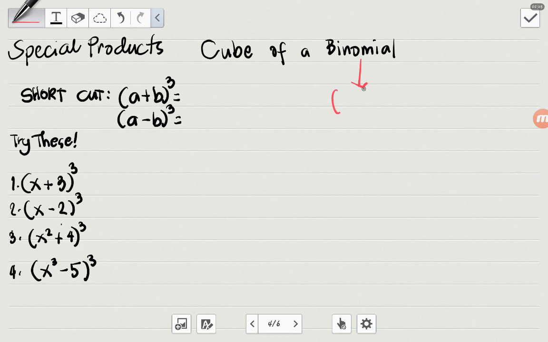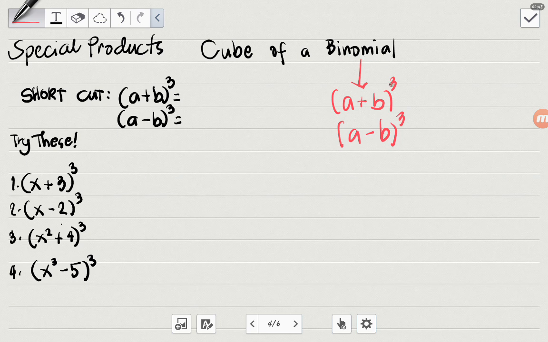Ang ating base ay may dalawang term. Remember, yung dalawang term ay pwedeng i-separate. And then, i-raise mo lang siya to the power of 3. So, ganito ang itsura ng cube of a binomial.